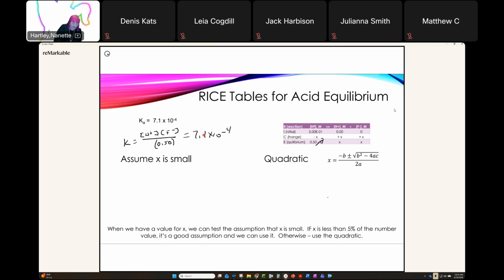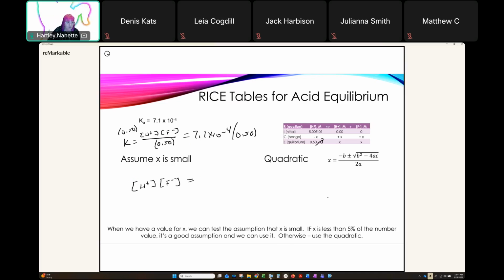then I should be able to solve this for H plus and F minus, right? And I would do that by multiplying both sides of this equation by 0.5. That leaves me with H plus is equal to F minus, which is equal to 7.1 times 10 to the minus 4th times 0.5.